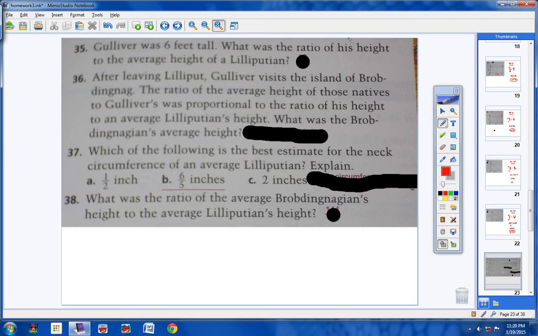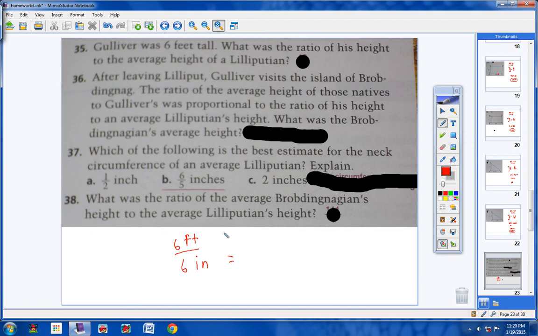So the ratio of his height, that's 6 feet, to the average height of the Lilliput people, well, theirs is 6 inches. Now remember, we're not going to have a ratio that's inches and feet, so we can convert inches over to feet, which would give me a fraction, because 6 inches is a half a foot. Or I can convert everything to inches. It's probably easier.